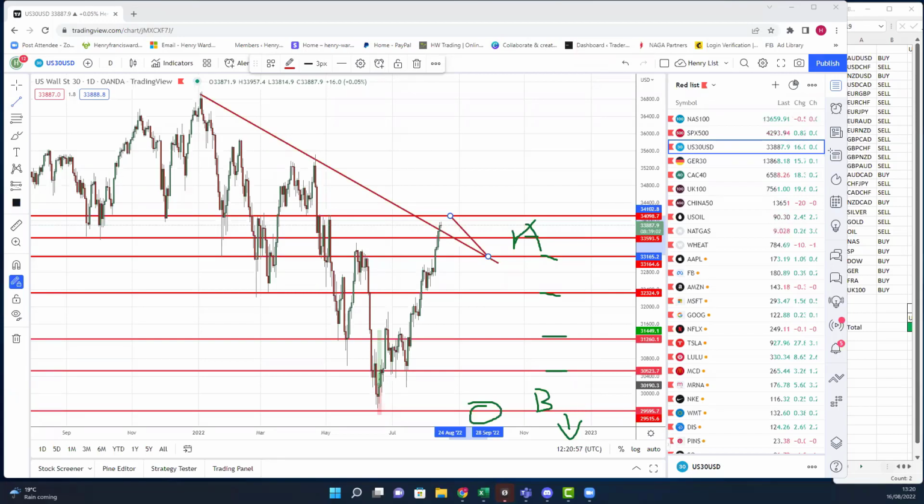B could happen very easily. So don't be counting all your chickens before they've hatched, because B could happen very easily. But the probability now is some of these levels on A. So just keep a little bit of vigilance about it.